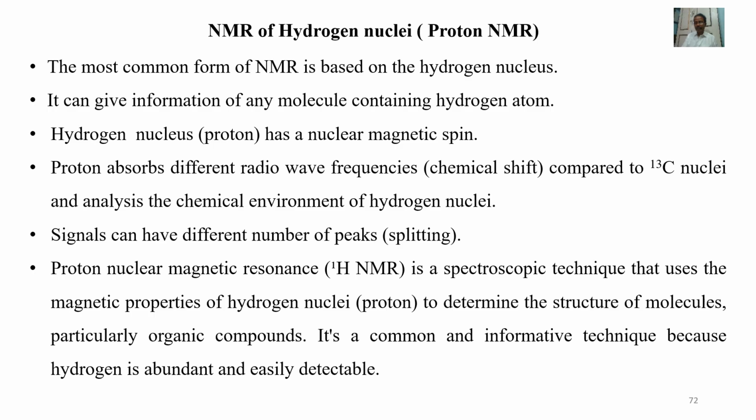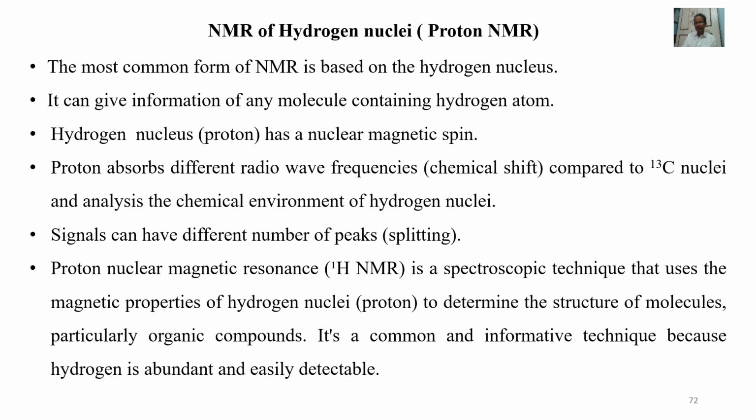The hydrogen isotope is almost 99% abundant, which helps make it easier to observe. Another advantage is that proton NMR spectroscopy gives more information than carbon NMR.